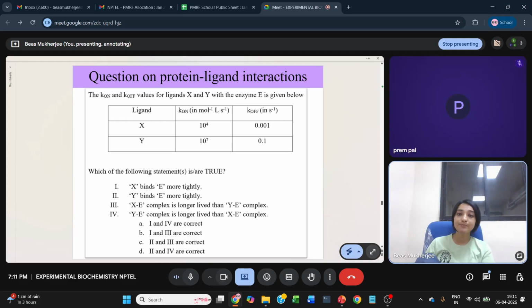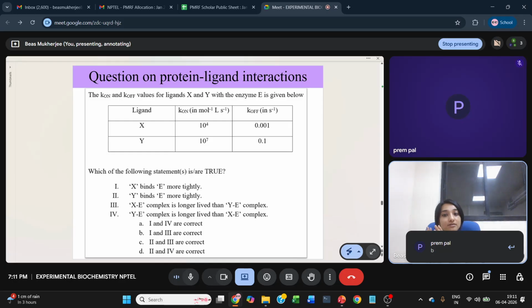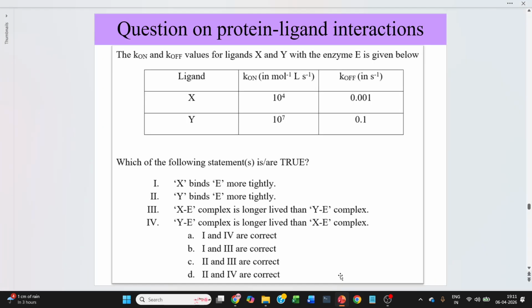Try to answer this. Which one binds more tightly? From where do you get to know about that? The ratio of K off by K on tells you about the KD. If the KD is low, that means it is going to bind more tightly. And which one lives longer? If K off is very small and K on is larger, then the K on by K off ratio will tell you which one remains bound for long. Let's see the right answer.